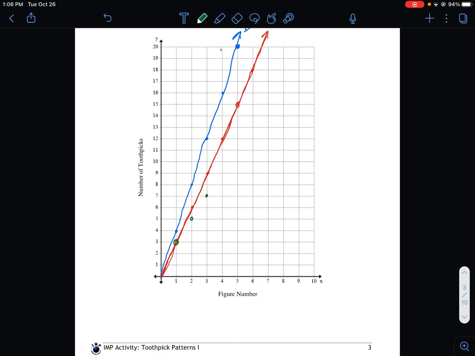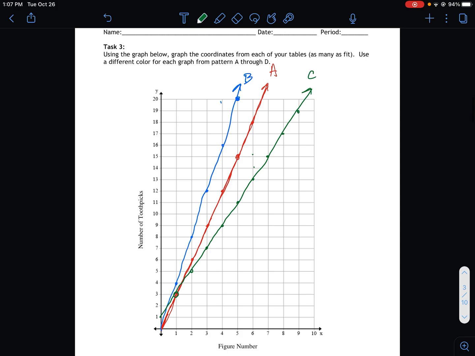I can go up 2 and then go over 1 figure. 2 up, 1 over, 2 up, 1 over, 2 up, 1 over, 2 up, 1 over. If I draw a line straight through that, that will end up with a line that looks something like that.